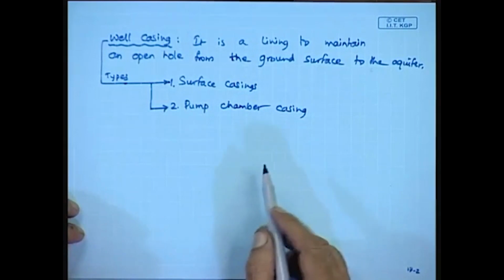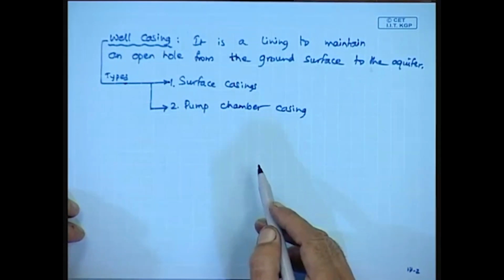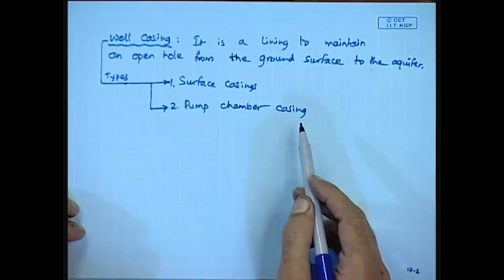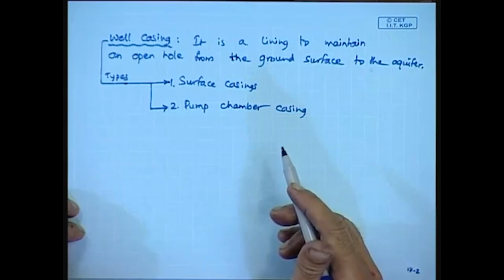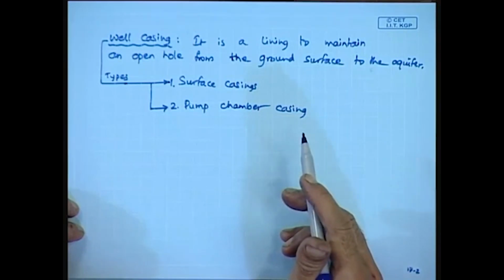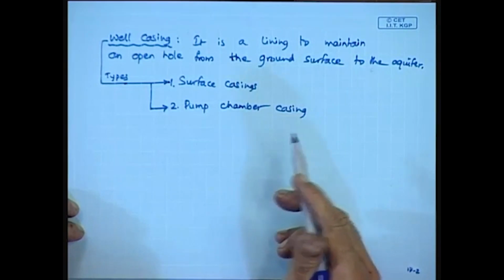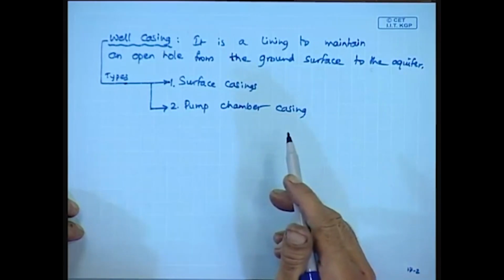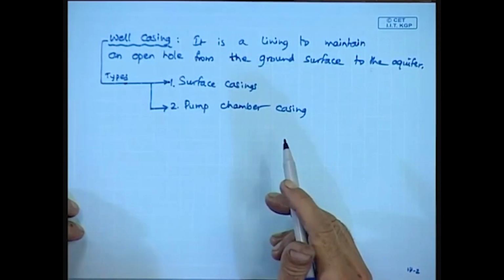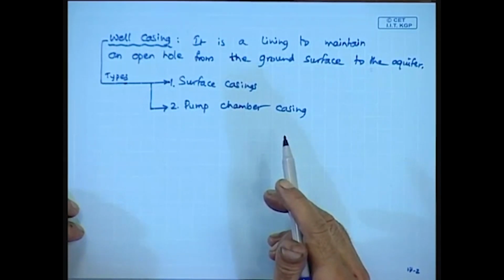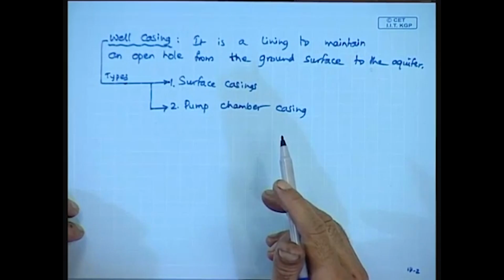Here the surface casing is at the surface level, and it is installed through the upper strata of unstable or fractured material, and then relatively into a stable and relatively impermeable material.